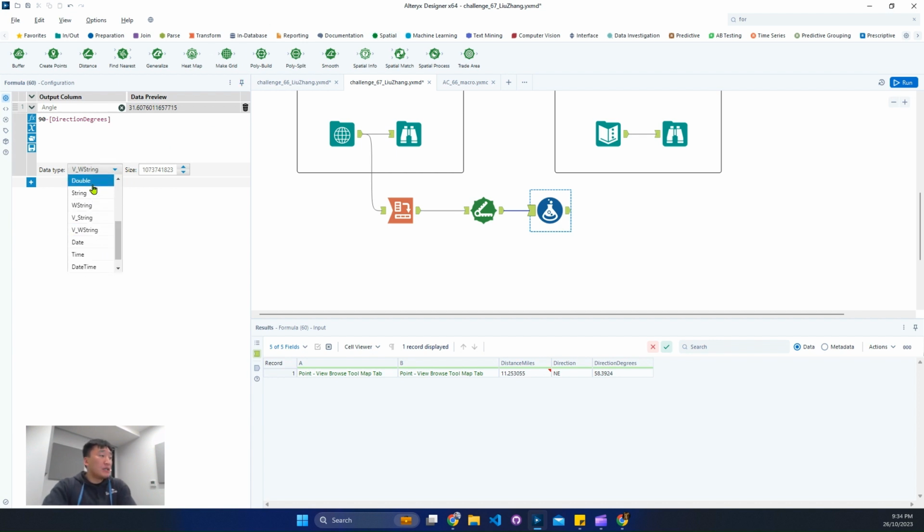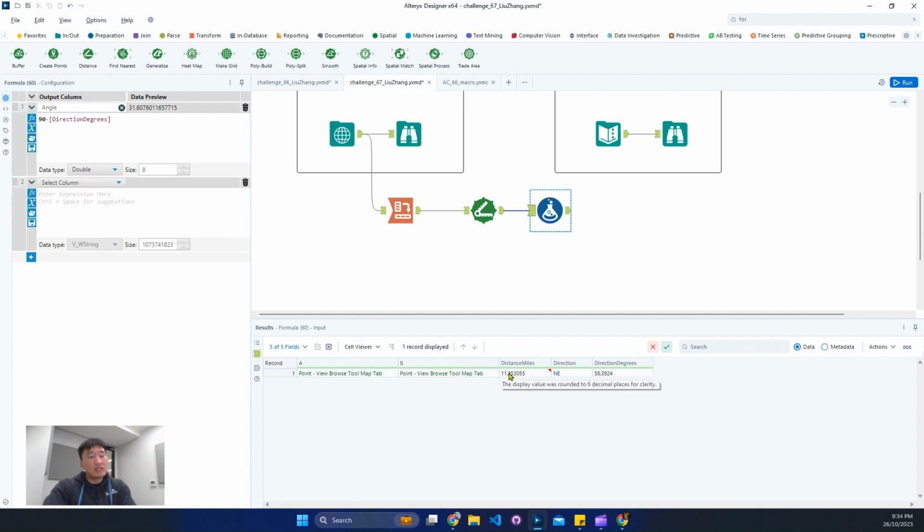Now, since we're here, we already have the distance in miles, which is the hypotenuse. If you know your trigonometry, you can actually find out everything else. Let's put in our opposite edge. Opposite over hypotenuse, that's sine.